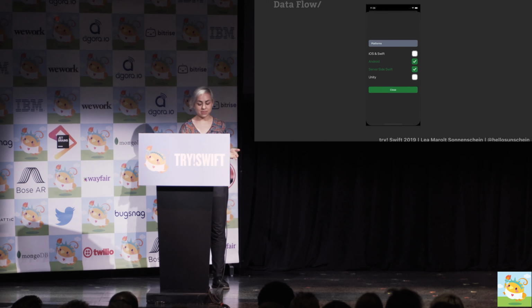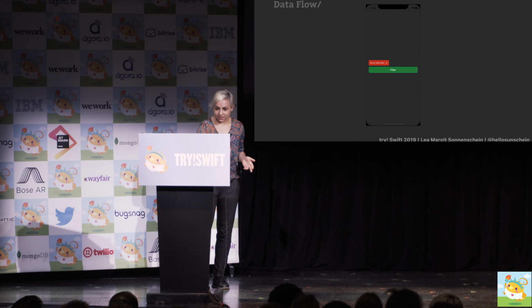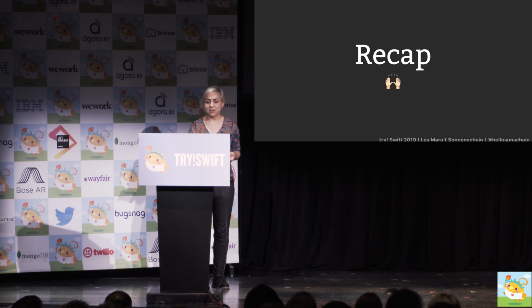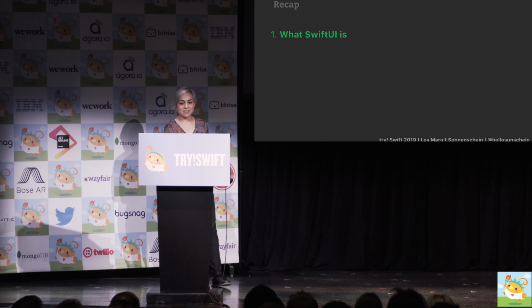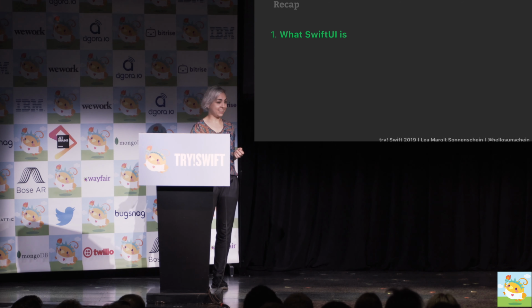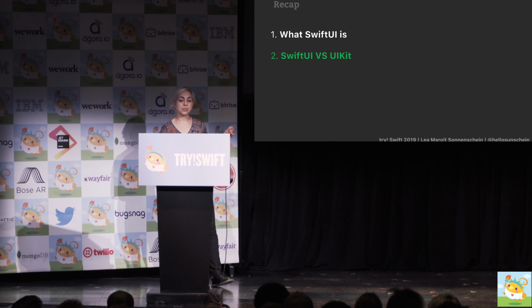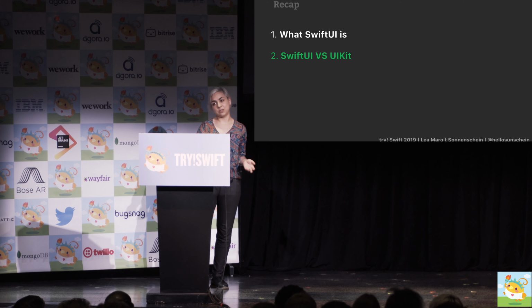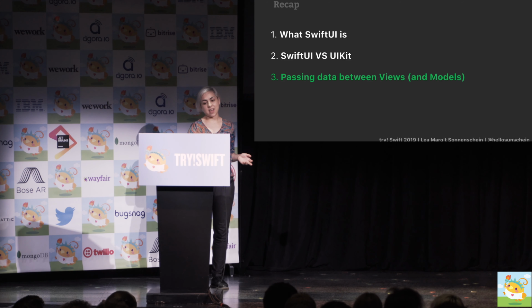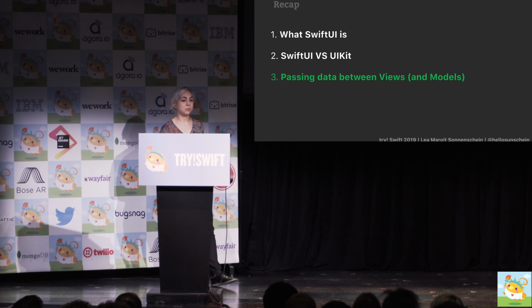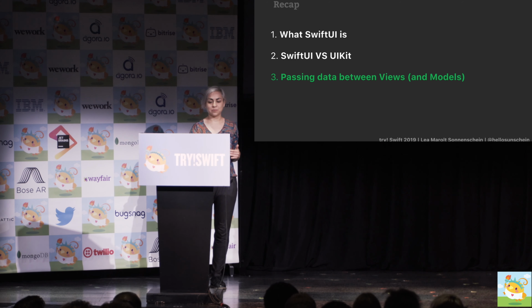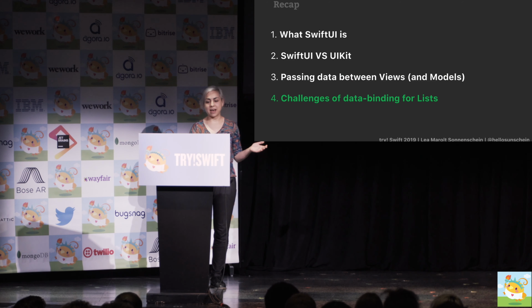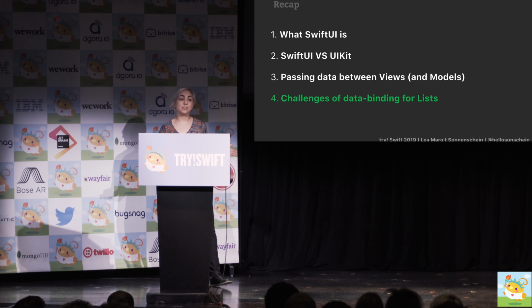Wow. All right, so let's do a little recap quickly on what we've learned. First, we learned what SwiftUI is, that it's different from UIKit by enforcing a unidirectional instead of multidirectional data flow that simplifies development and reduces bugs. Next, we learned about some of the different ways of passing data between views, and how that data passing and data binding can be challenging and confusing when building lists.